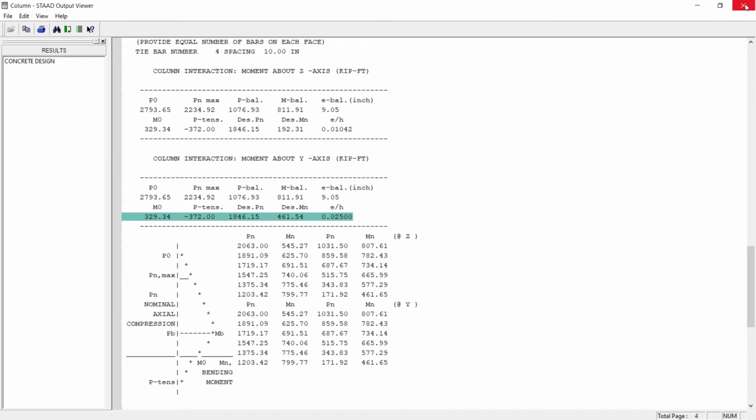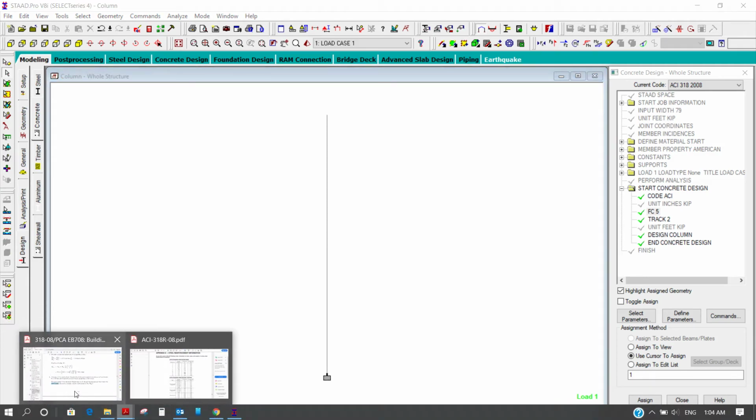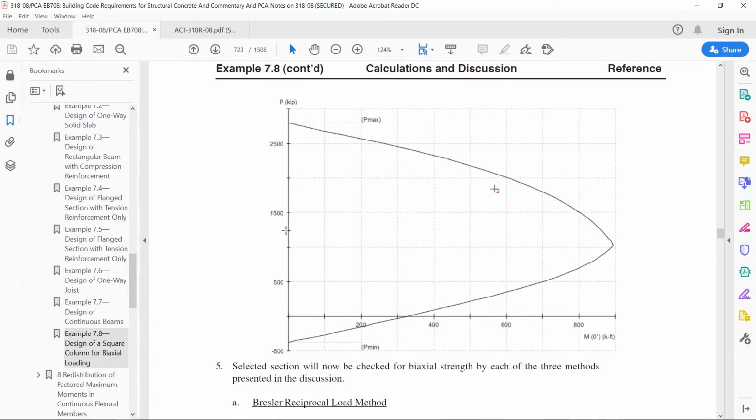Now let's see what the interaction diagram says. So let's go back to the problem and look at the interaction diagram. Here is the interaction diagram. Here you can see that P naught or maximum P max is something between 2500 and 3000, whereas STAAD calculated P naught as 2793.6.